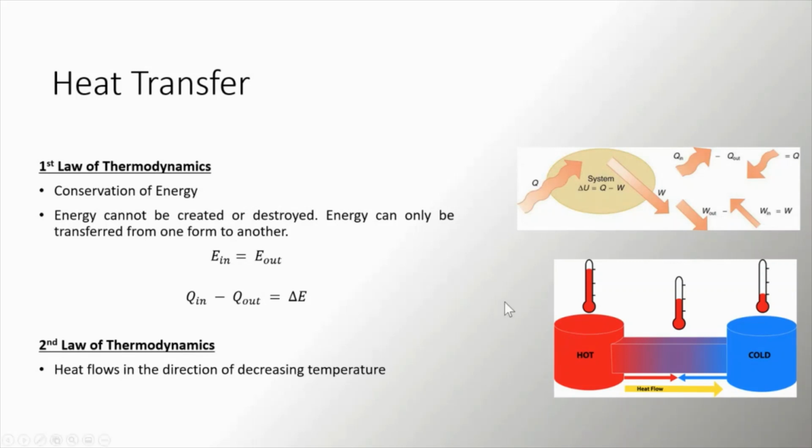It tells us that heat always moves from hot environment to cold environment. So if the air around the balloon is hotter than the air inside, then definitely heat is going to go from the air to your balloon. If the other way around, then the heat is going to go from the balloon to the air.